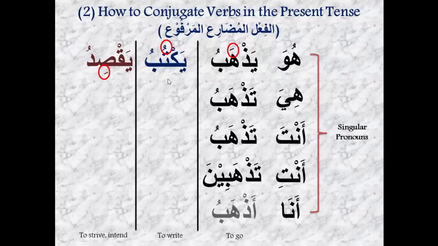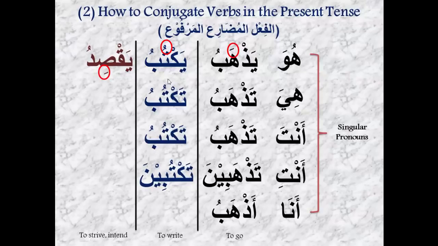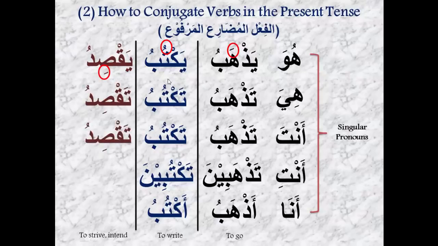For the verb kataba yaktubu, hiya taktubu, anta taktubu, anti taktubina, ana aktubu. And then for the final verb, huwa yaqsidu, hiya taqsidu, anta taqsidu, anti taqsidina, ana aqsidu.